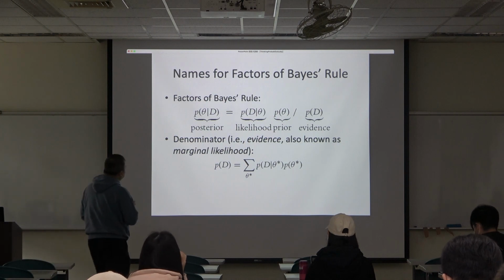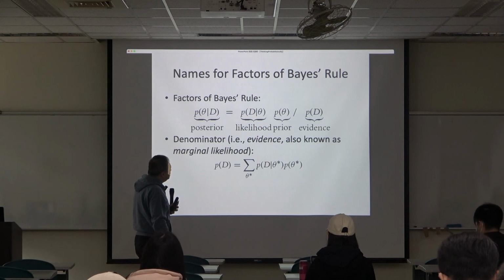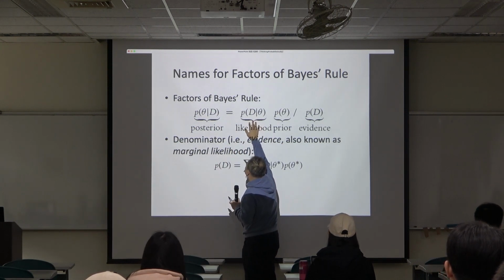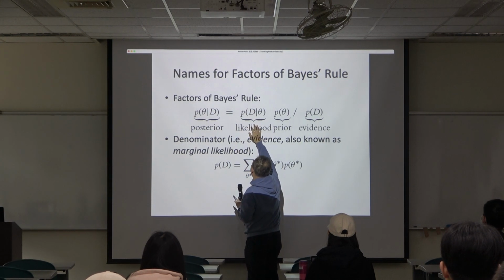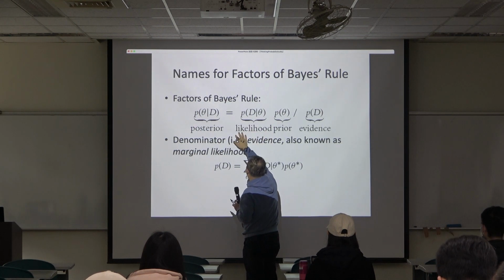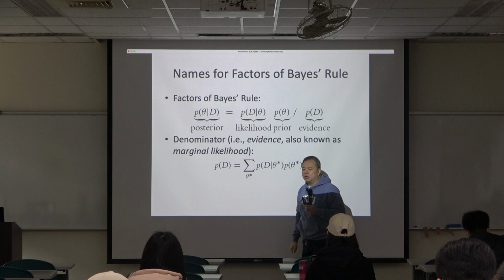If you know, on condition of theta, the probability of D, this term is called likelihood. And P of theta is normally what we call prior.